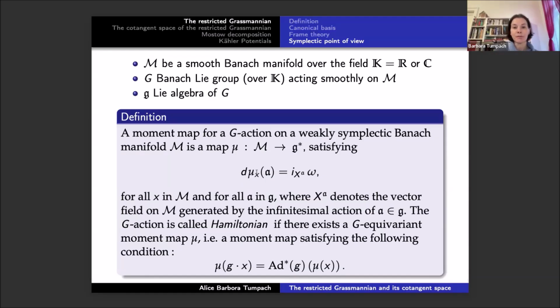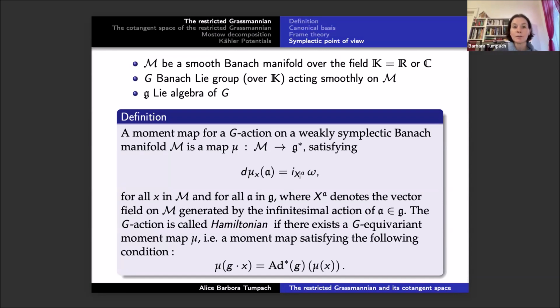The differential of the moment map at a given point x is connected to the symplectic form in the following sense. When we pair this differential with an element A from the Lie algebra, then what we get is the inner product of the symplectic form with the infinitesimal generator generated by this element A of the Lie algebra.